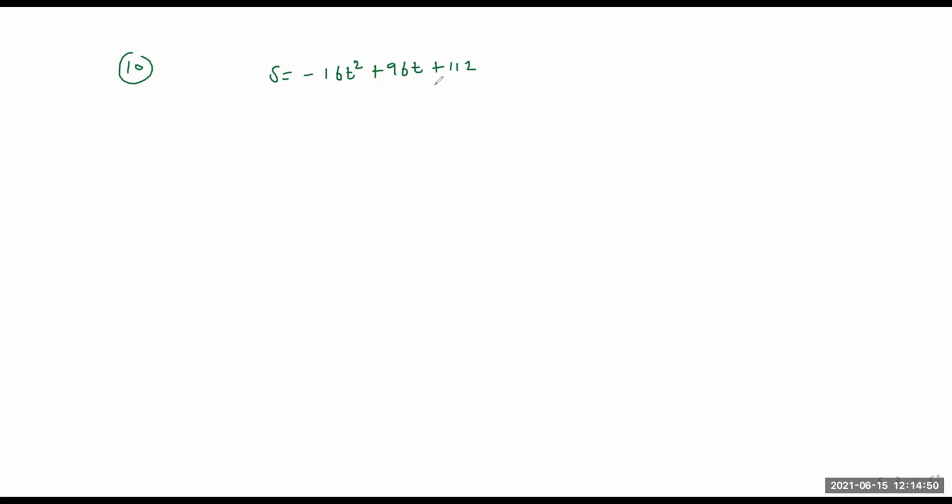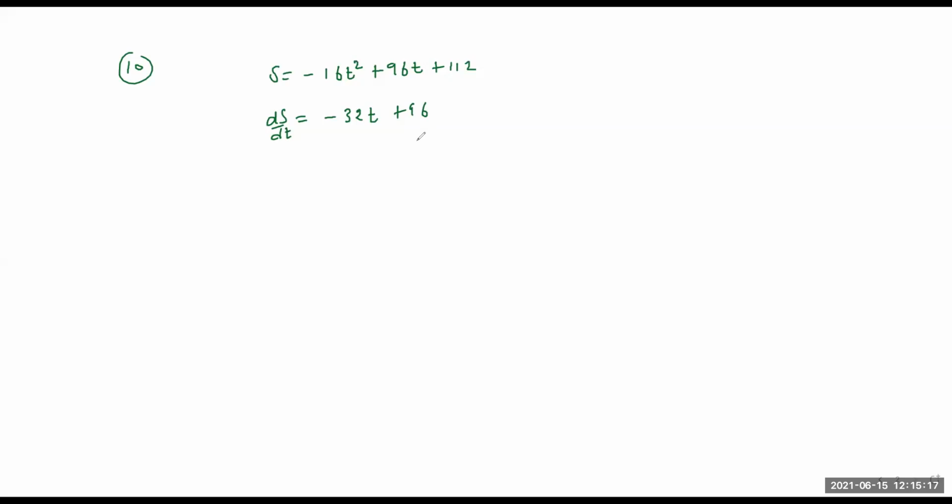So this is the height of a moving object vertically, given by this formula. This is the height and time formula. Of course ds by dt is for velocity, which I haven't taught, but you can imagine. Velocity is the rate of change of displacement, which will give you minus 32t plus 96.